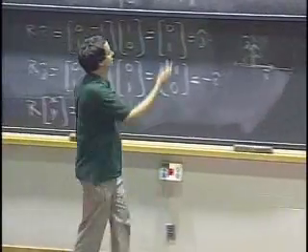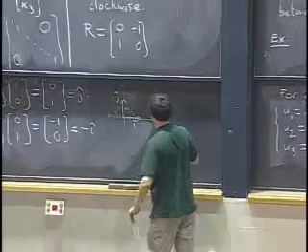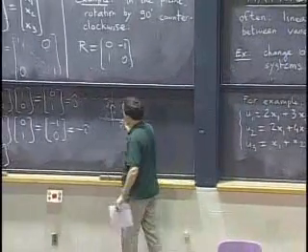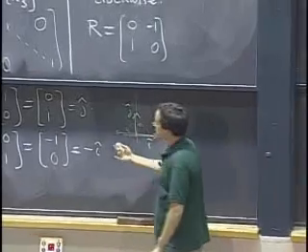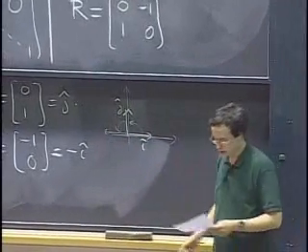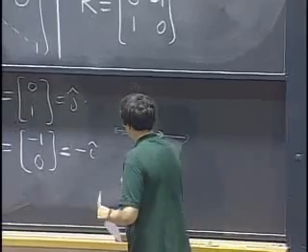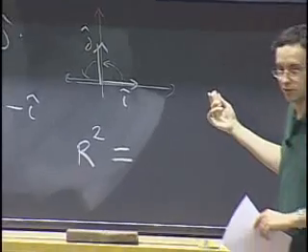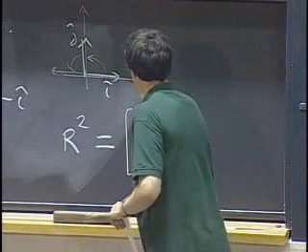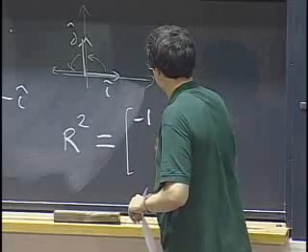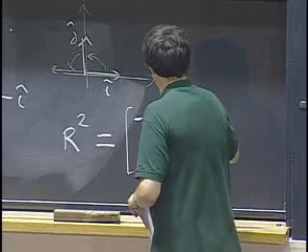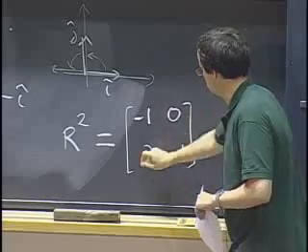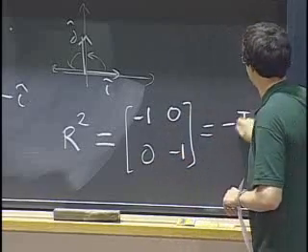So what's interesting about this matrix? Well, we can do computations with matrices in ways that are easier than writing coordinate change formulas. For example, if you compute r squared, so if you multiply r with itself, I'll let you do it as an exercise, but you will find that you get minus 1, 0, 0, minus 1. So that's minus the identity matrix.